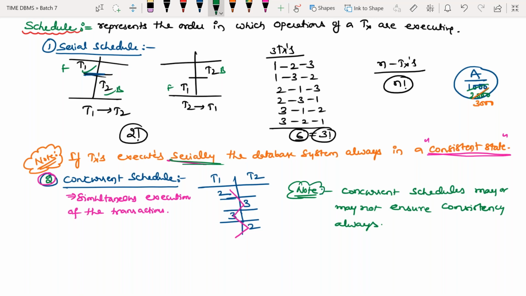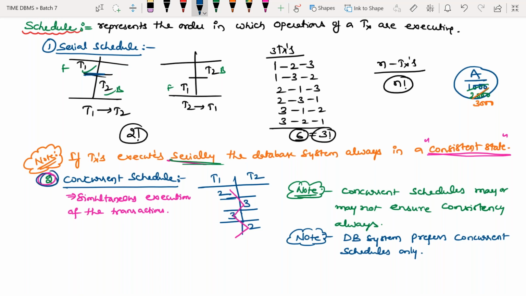Even though consistency may not be guaranteed by concurrent schedules, the database system still prefers concurrent schedules only, but not serial schedules.